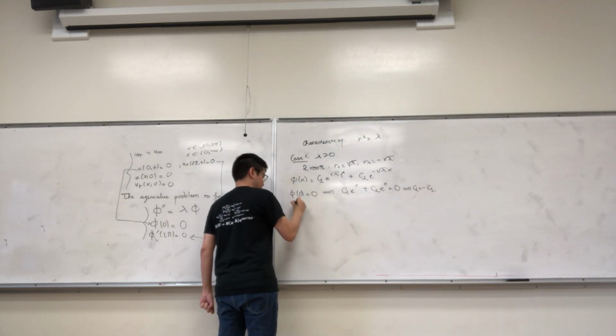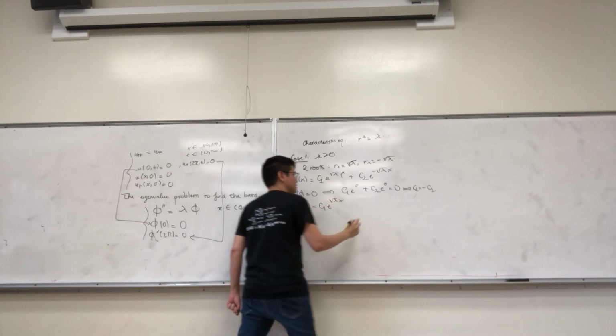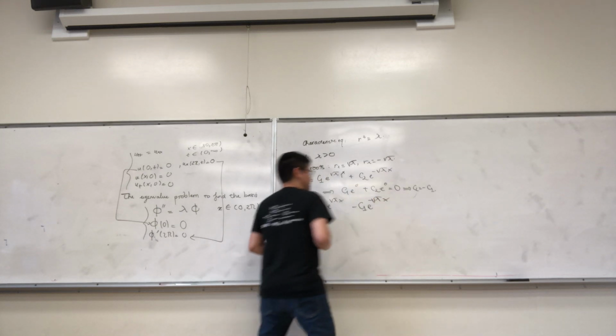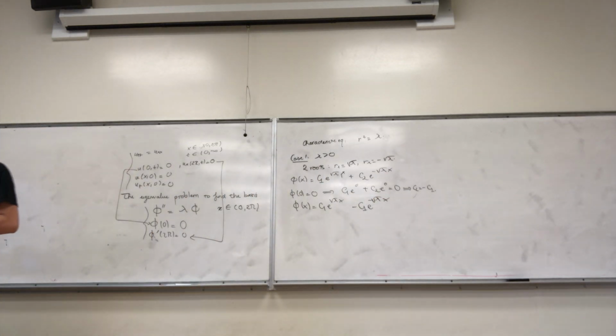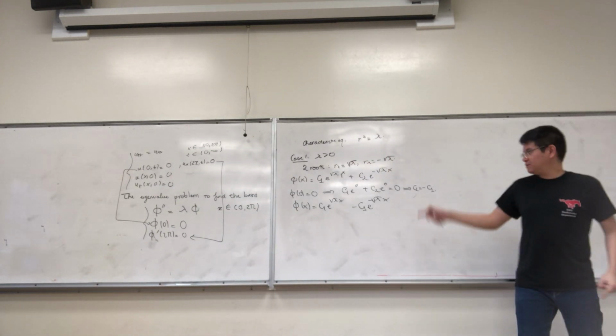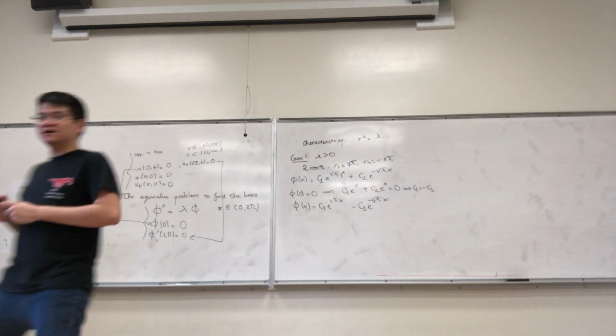So phi x will be C1 e to the square root of lambda x minus C1 e to the minus square root of lambda x. After you plug in the first boundary condition, you find that C2 is minus C1. You replace C2 with minus C1 into this solution, and you found this form. What is the next step?